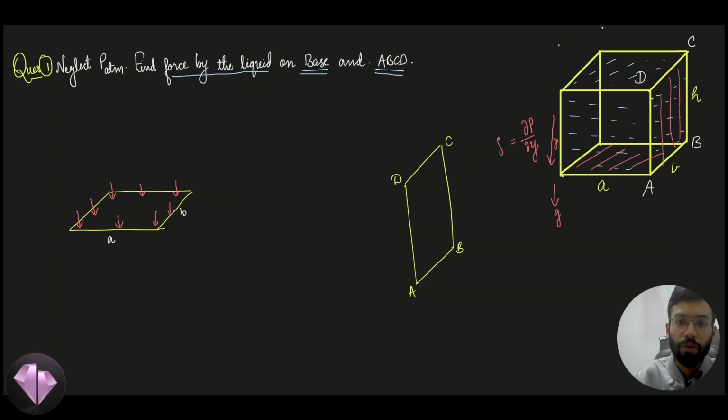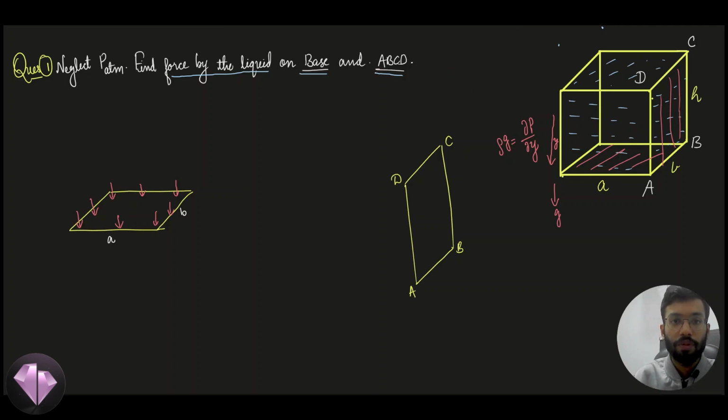This is simply rho into g, because the acceleration is g and the force you are applying is mg. So there is a gradient in this direction, because when we make pseudo forces, mg acts downwards. So there is a gradient along the pseudo force, along the mg.